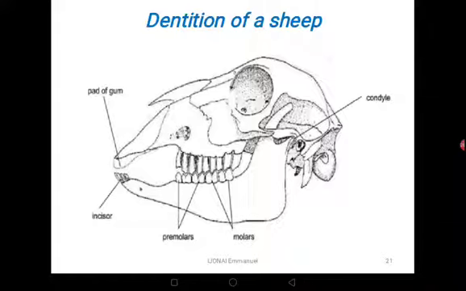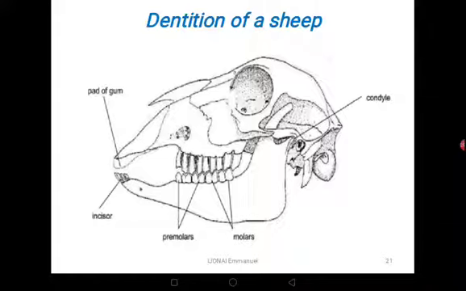So you can see there clearly that they only have the lower incisors. As you can see, they do not have canines, but they have a diastema in between there, between the premolars and the incisors. And also the upper jaw does not have the incisors, but that part there is called a horny pad. It is very hard, and it's where the plant vegetation rests as it is being cut by the incisors.